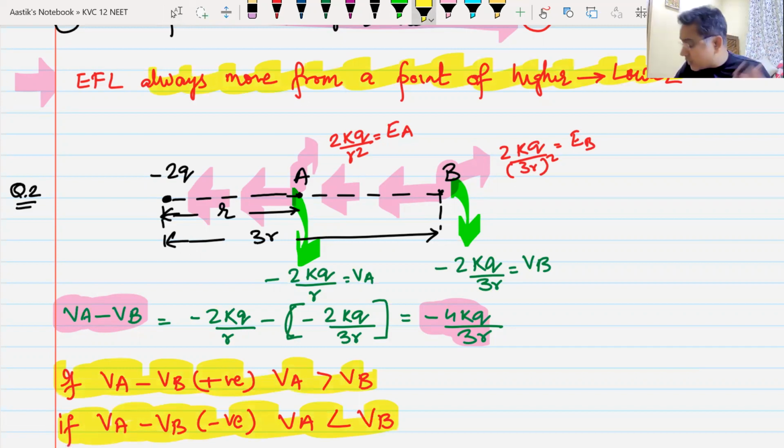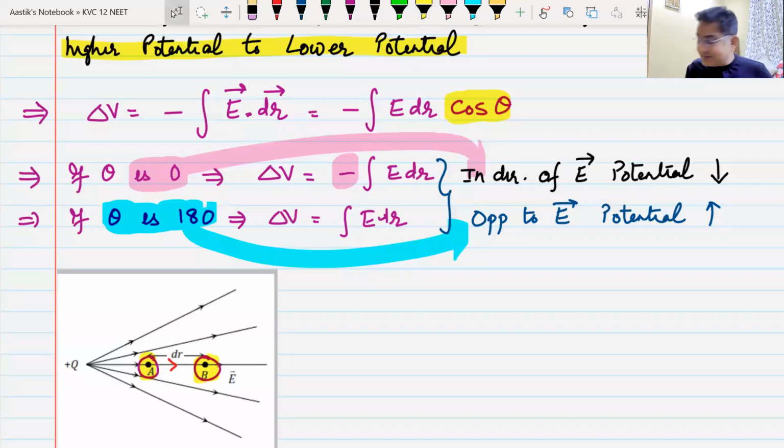It can happen. Okay. So when theta is 0, you are moving in the direction of the electric field and potential will drop. The other way of saying this is that electric field lines will always go from a point of higher potential to a point of lower potential. What happens if the angle is 90 degrees?